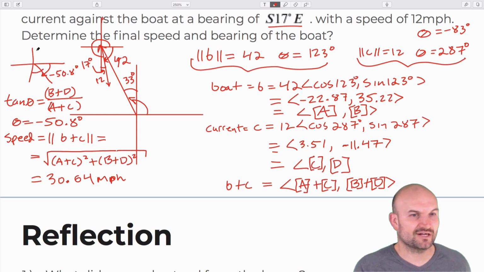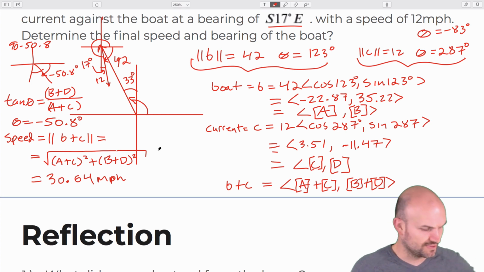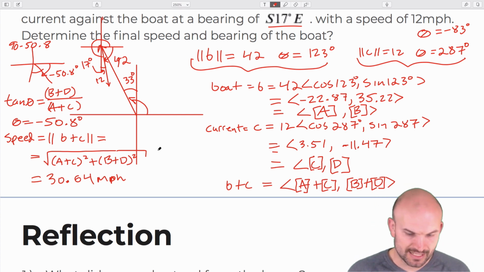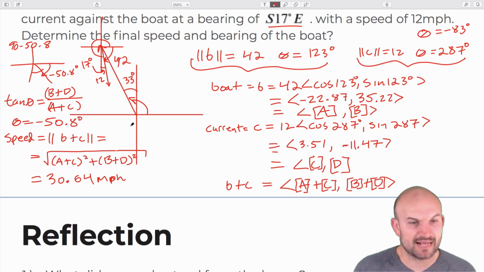To figure out that angle, I'm just going to do 90 minus 50.8 degrees. When I do 90 minus that last answer, I get 39.19.